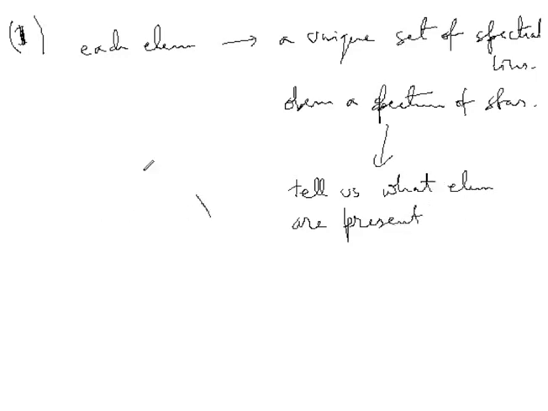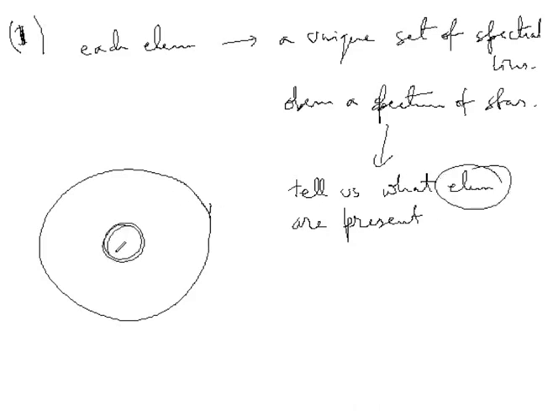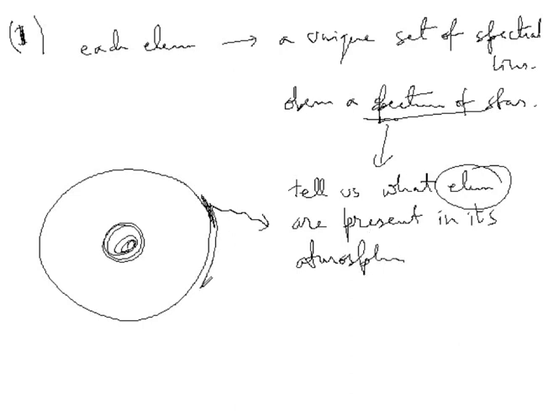Now, when I say what elements are present, which elements? The elements inside or the elements outside? Of course, remember, we are getting information from the surface, so we can say only about them. So from the spectra, we can only get information about the elements that are present in its atmosphere, that is, the outer region only. We can get some information about the inner ones as well, but let me talk about it later on.